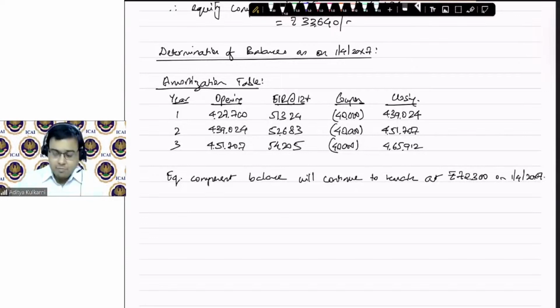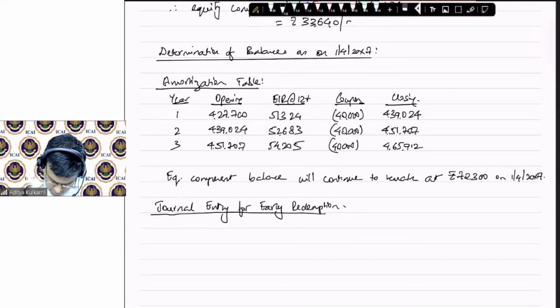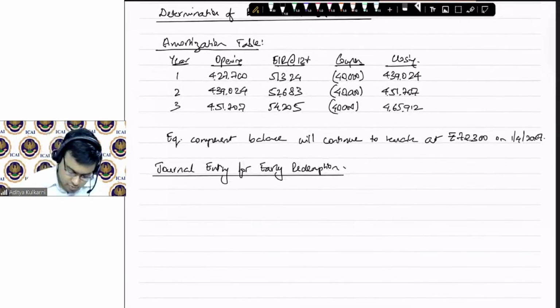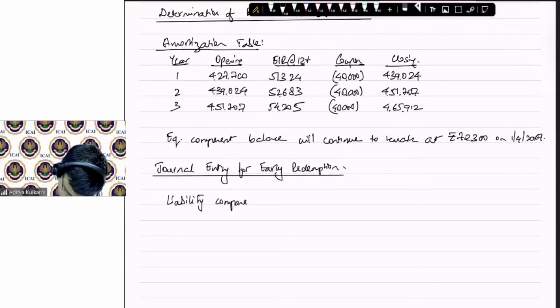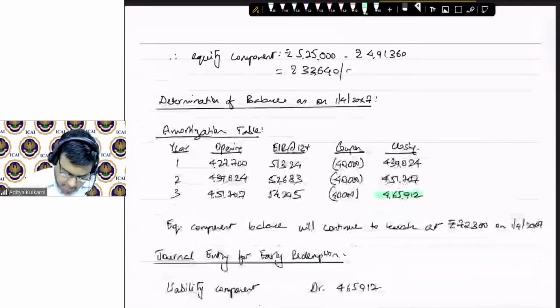So now let us proceed with the journal entries for early redemption. Liability component debit 4 lakh 65,912. This liability is ultimately getting settled by paying how much?